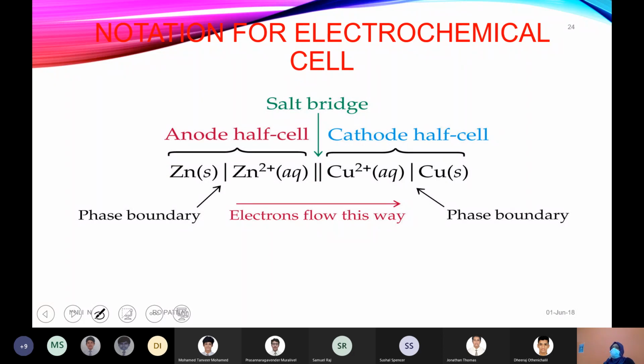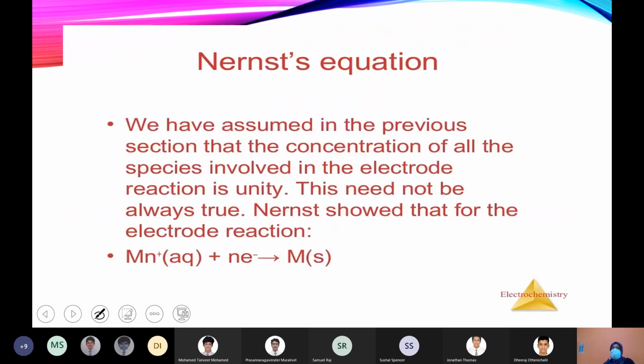Okay. What we discussed all this time was related to standard conditions: standard electrode potential and standard cell potential. That means you are doing the measurement at 1 molar concentration and a temperature of 25 degrees Celsius, and if it's a gas, at a pressure of 1 atmosphere. But we may not be able to follow this every time.